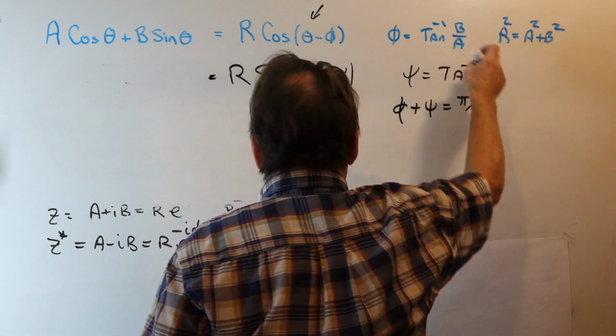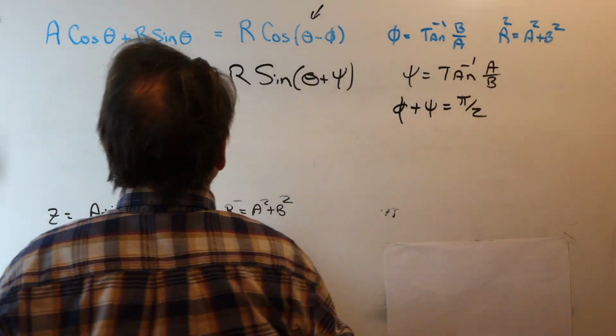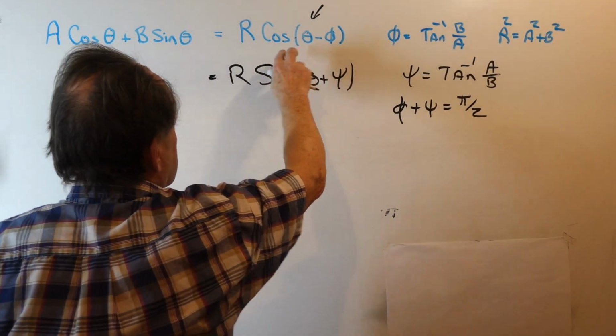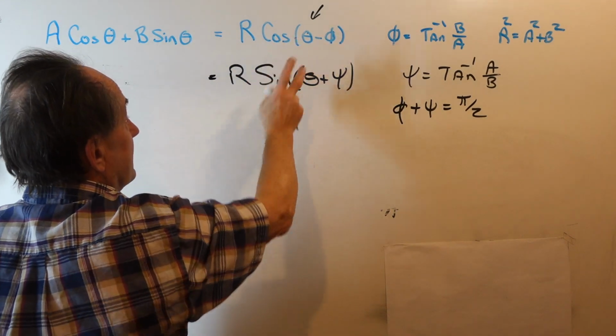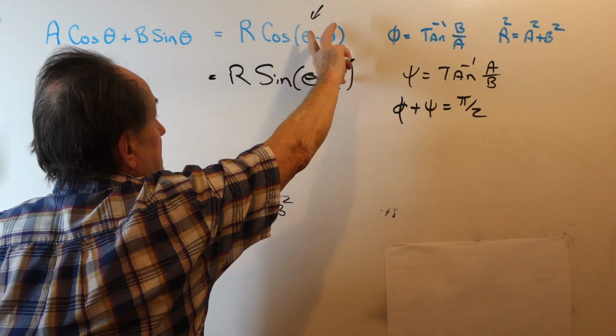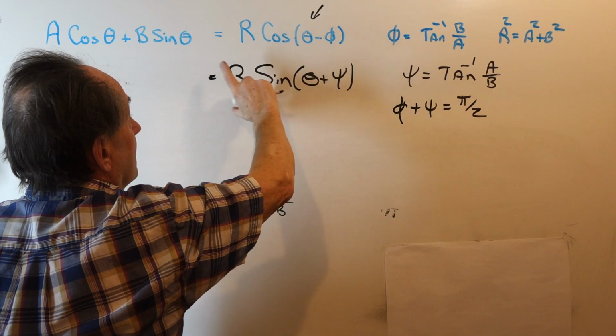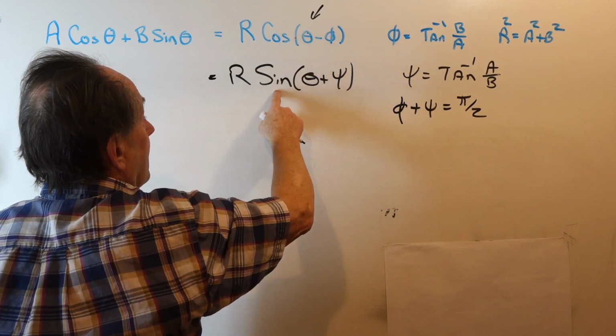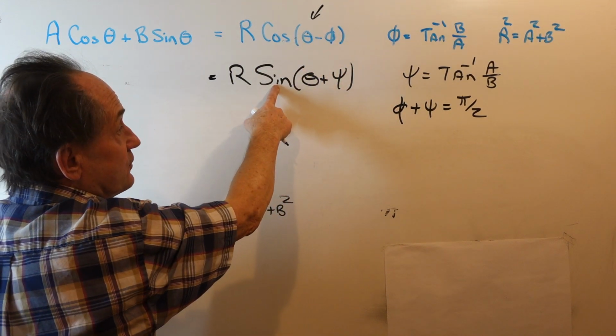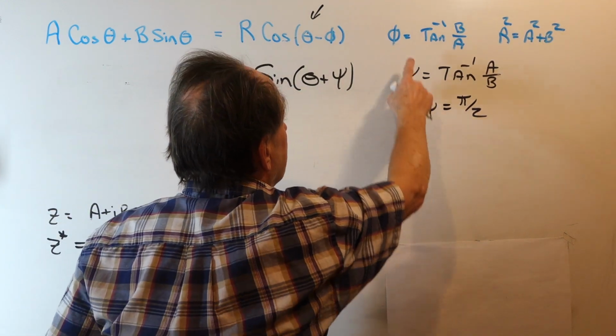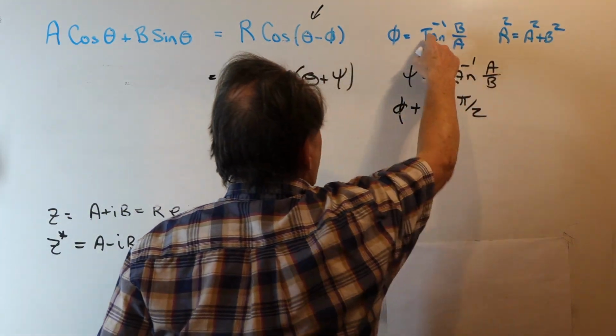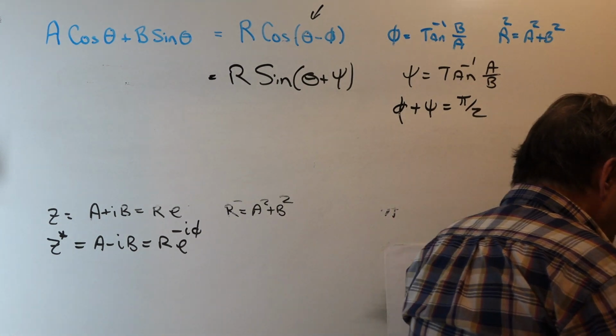And we can see that from the relationship there. So we can write this two ways. We can write the sum as a cosine or a sine, but the phase shift angles will be different depending upon which of the functions you choose to write it as. You'll have a phi or a psi given by these relationships.